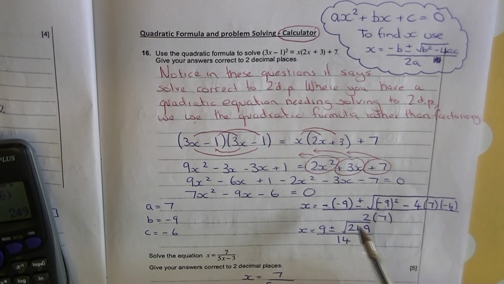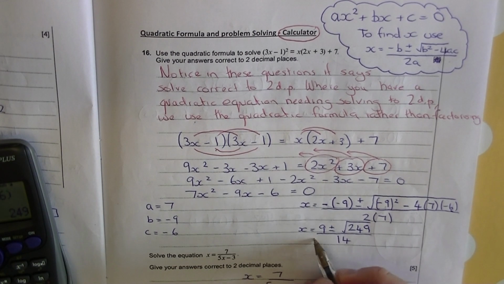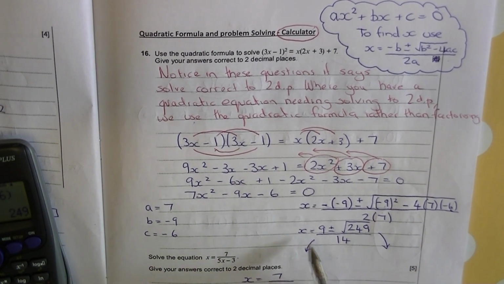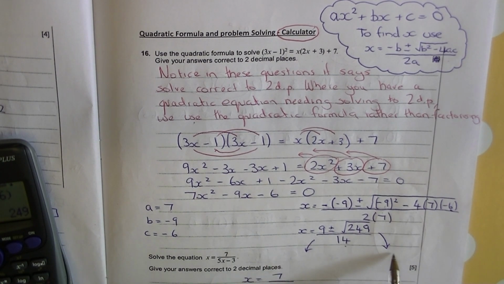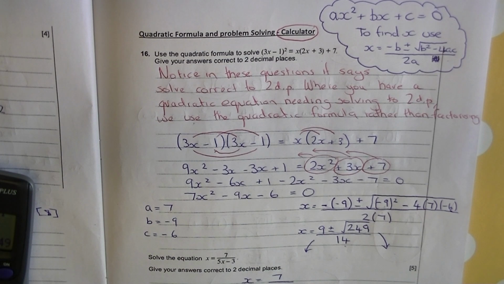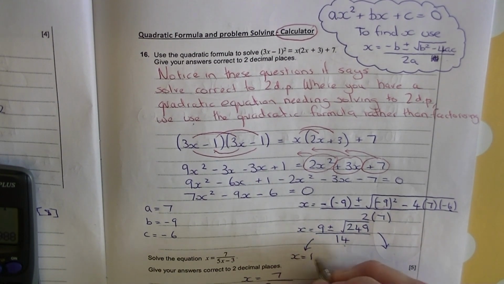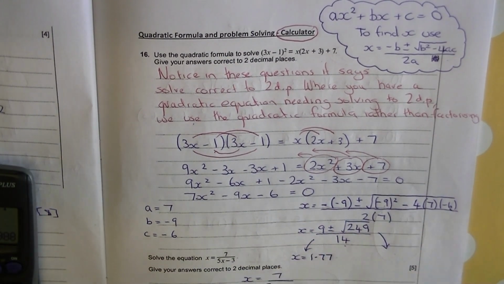At that point, once I've worked out the inside here, that's when I'll split this up into x being equal to 9 plus this, divided by 14, and my second answer, x equals 9 minus this, divided by 14. Giving you 9 plus the square root of 249 divided by 14, x equals 1.77 to 2 decimal places.